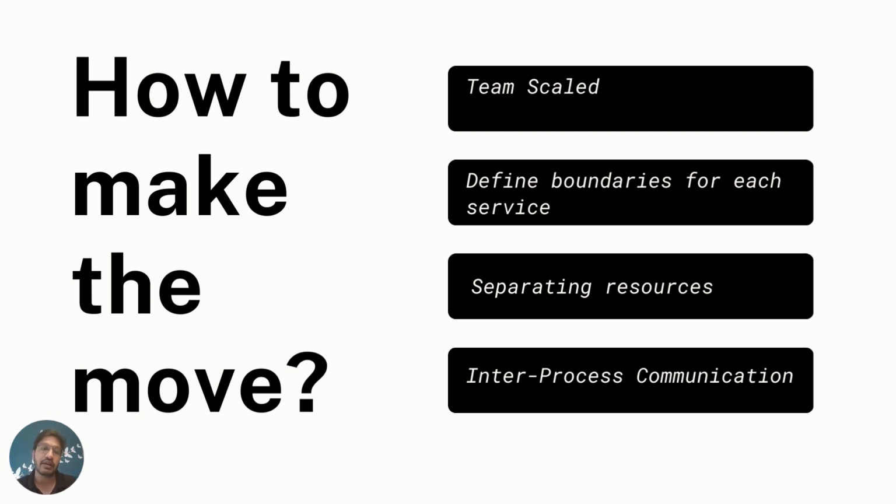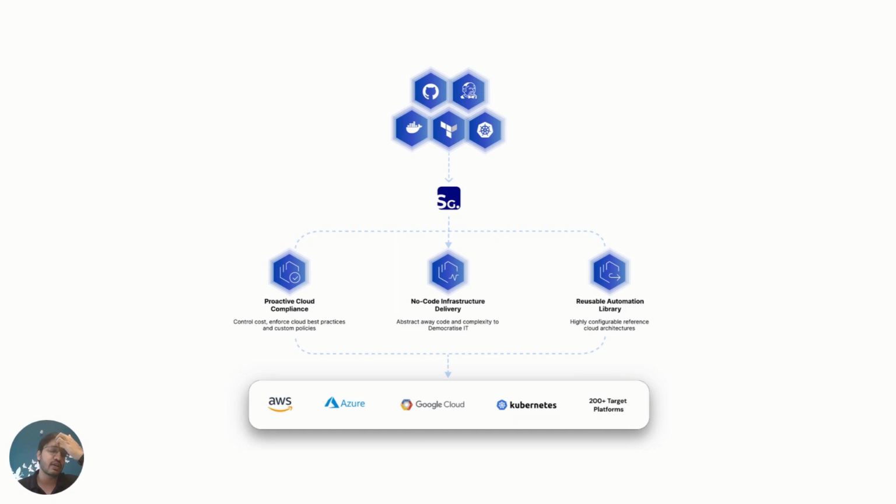Okay, so now in front of you is a general overview of what StackGuardian is doing. We are an infrastructure deployment automation platform, where we take in your configuration of infrastructure, and we allow the users or customers to add policies around it, custom policies as well as ready-made policies, which can be automated.